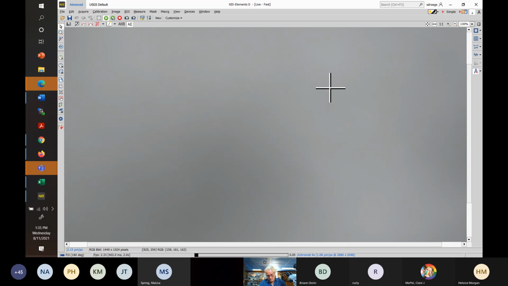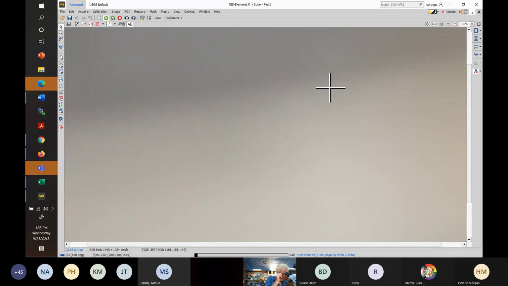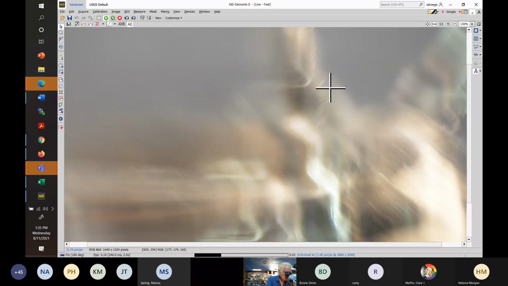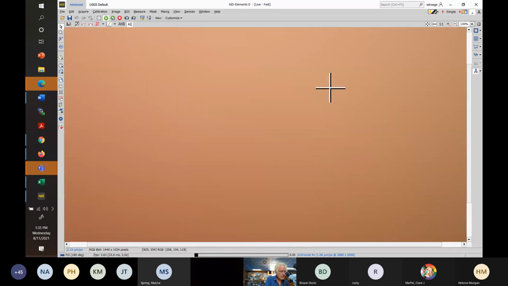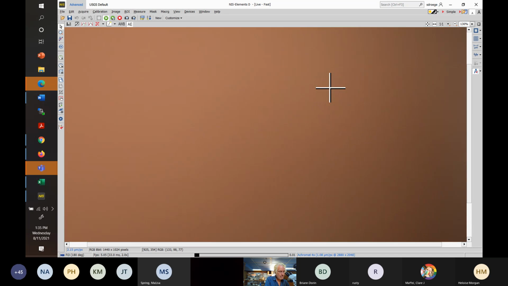Maybe we'll do the male since we've been most recently looking at the males. Is this the male? No, I think this is. Yeah. Okay, so here's the male again.